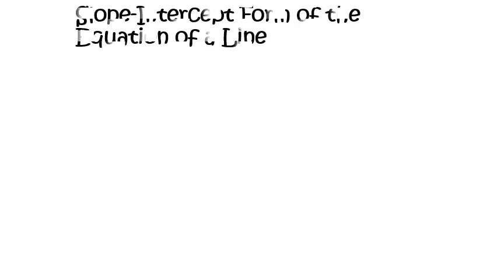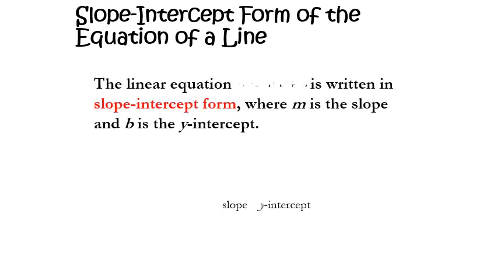Let's review slope-intercept form. y equals mx plus b is our slope-intercept form. M is the slope, and b is the y-intercept.